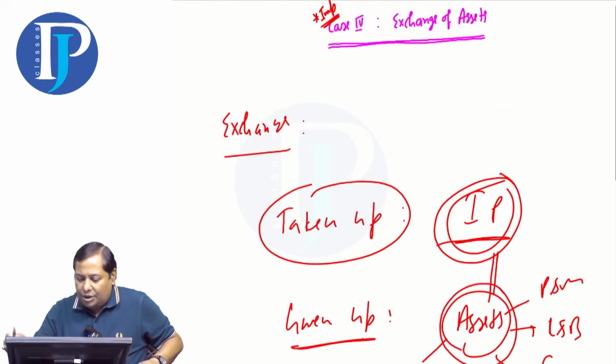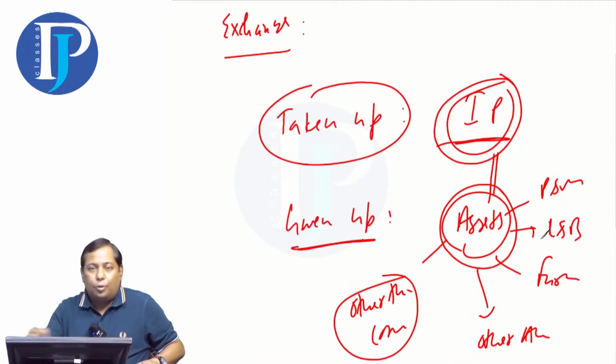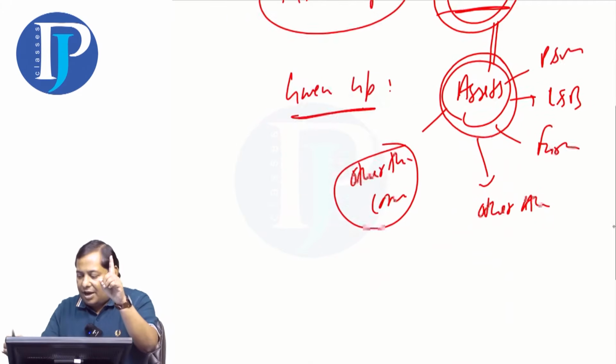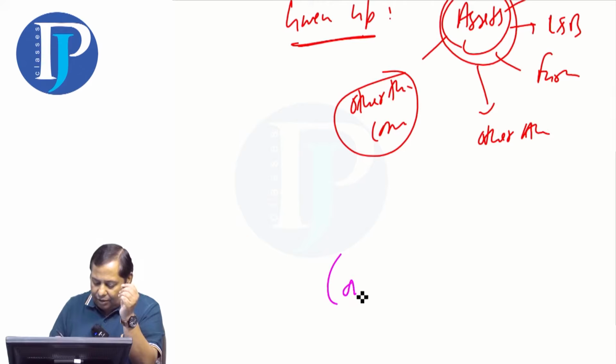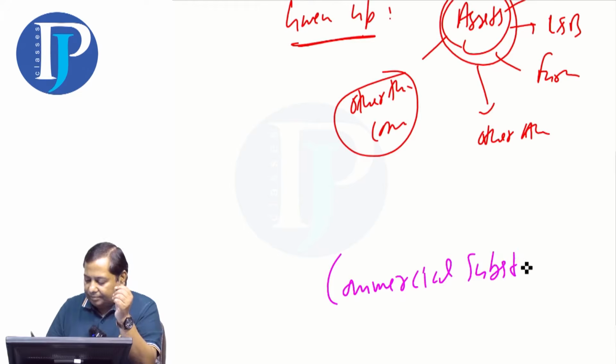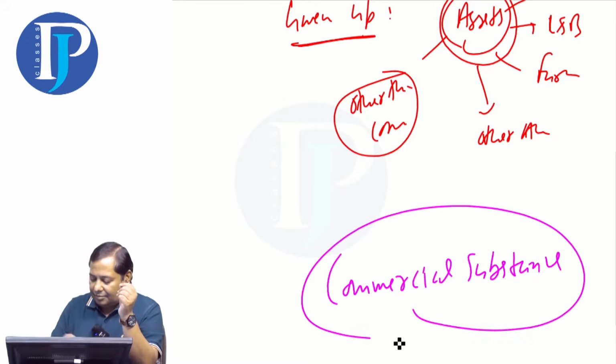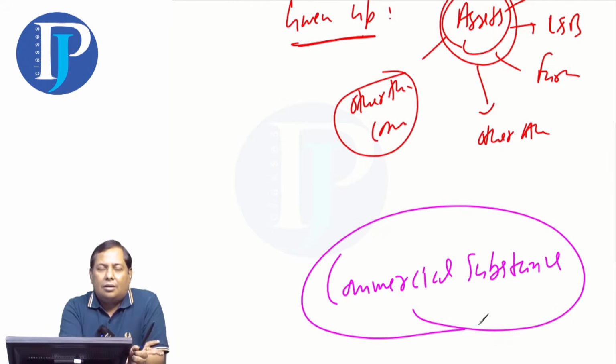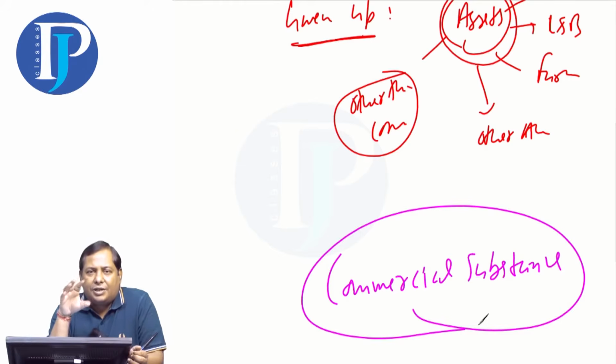So do you know that this whole accounting, this whole concept, is dependent on just one word. And that word is commercial substance. Pay attention: if commercial substance exists in an exchange, accounting will be done one way.